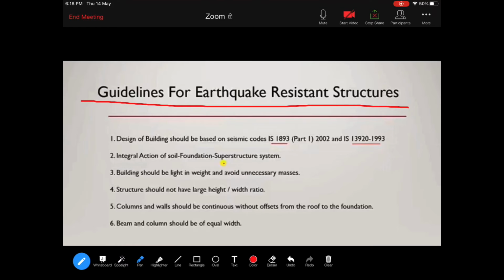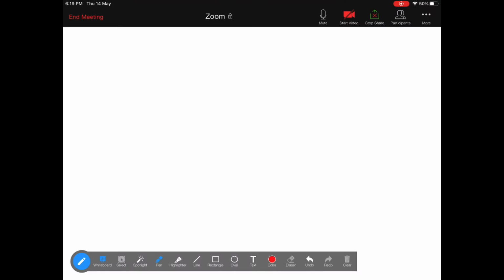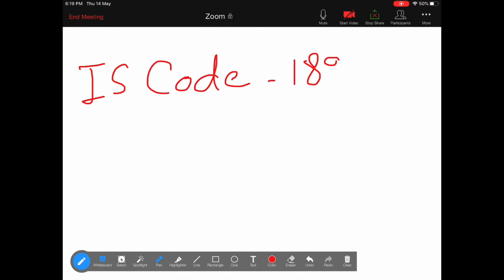The first one is, generally in this design procedure we follow IS code 1893. IS stands for Indian Standard. The code is 1893, 2002, and the revised version is 2014.